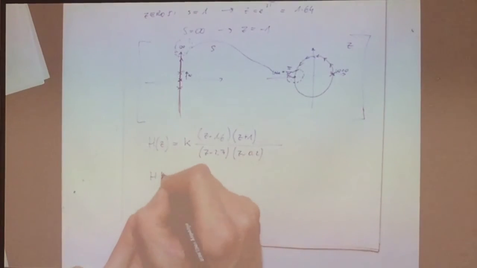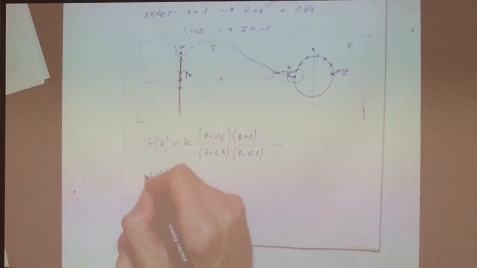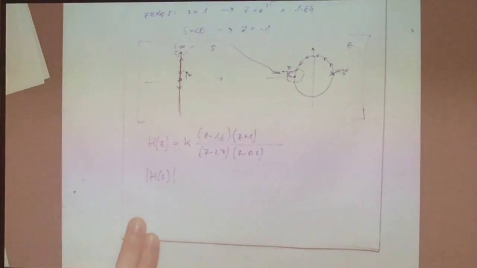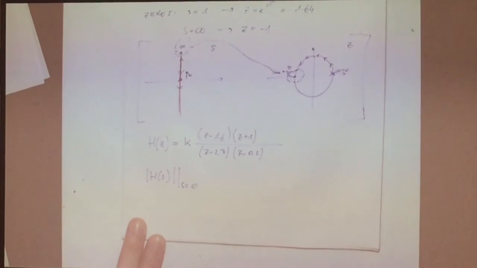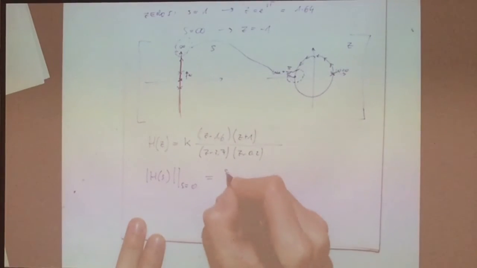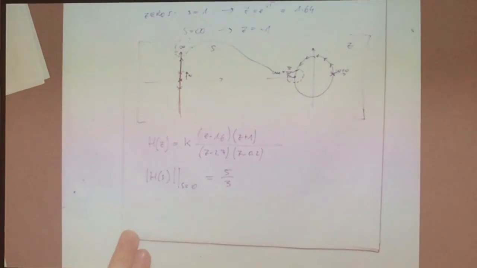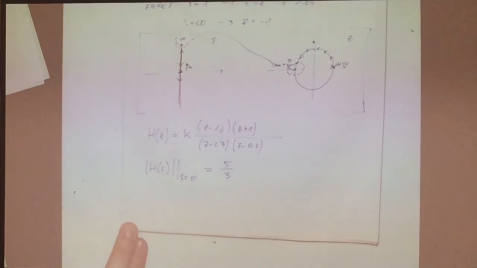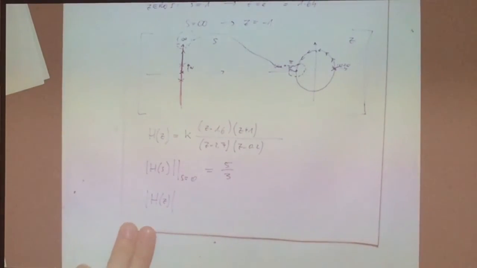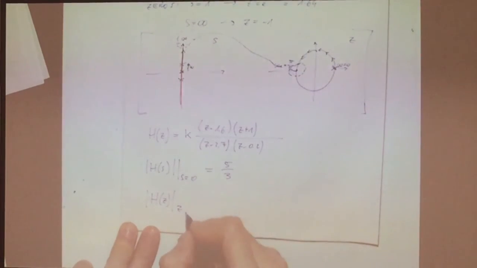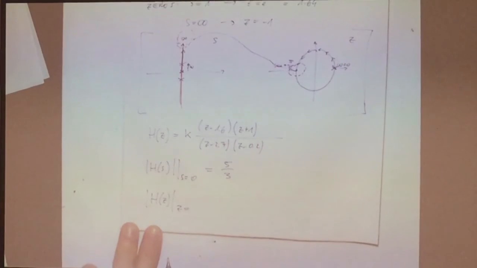So you start computing H of s. You want to compute the gain, the magnitude of H of s when s is equal to 0. And if you do the math, you'll get 5/3. And then you do the same for H of z. You compute the gain of H of z at 0 frequency, which means z equal to 1.